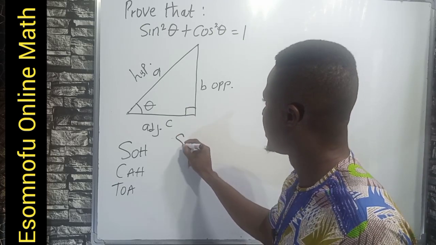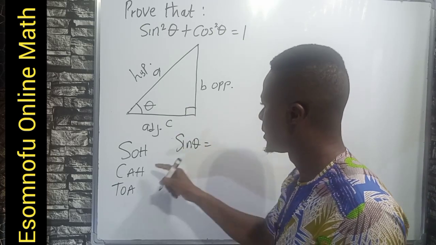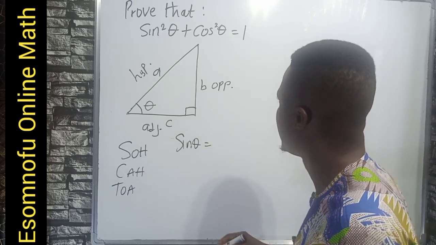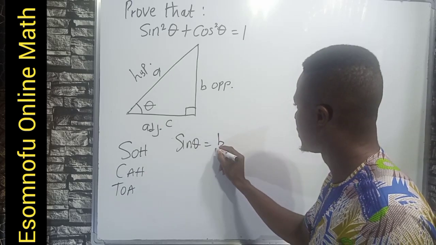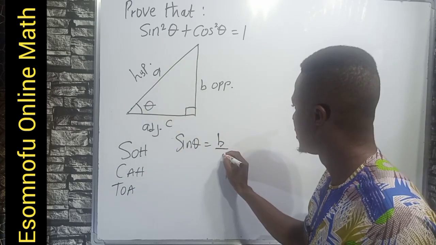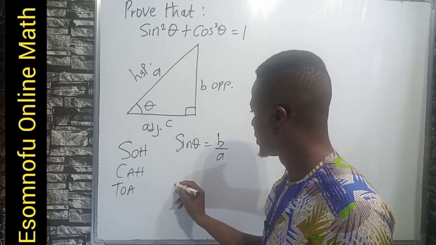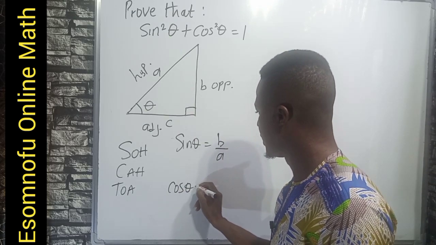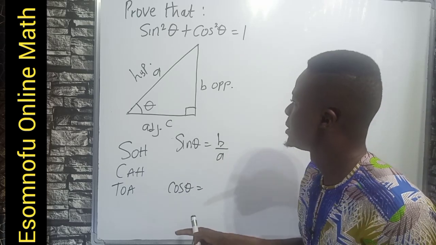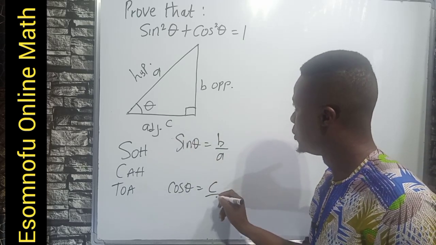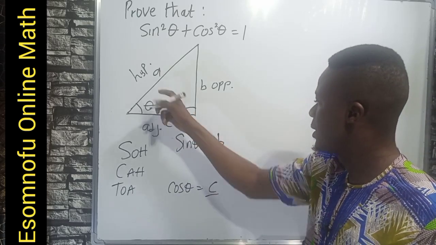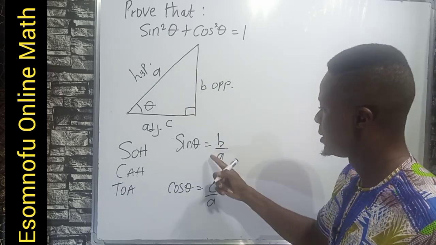So if I want to get my sin theta, you've seen that sin theta is opposite over hypotenuse and the opposite is B all over hypotenuse, which is A. If I'm to get cos theta, it is adjacent, which is C, over hypotenuse, which is A. This is cos theta and this is sin theta.